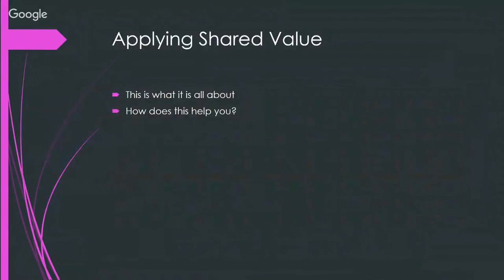So, why is this important and how does it help you? Well, shared value is what it's all about. In order to have shared value, you obviously have to come up with new ideas. You have to innovate every day to stay ahead in the business game.